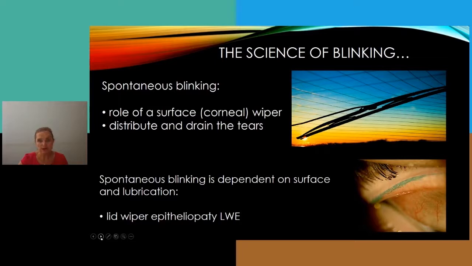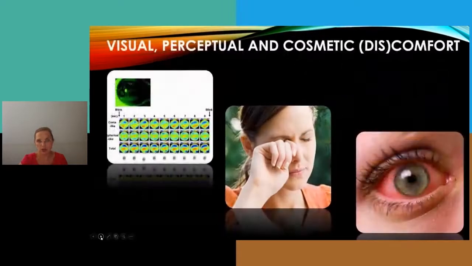So it is very important for lids to have normal structure, but also the ocular surface to have normal structure, because otherwise we are observing changes like those highlighted here called lid wiper epitheliopathy, which basically means that not only the lids can injure the cornea, but the ocular surface can also injure the lids. And this may lead to a very significant vicious circle.